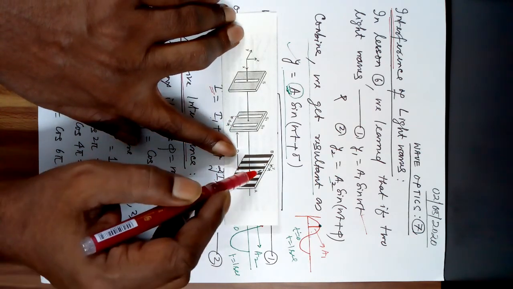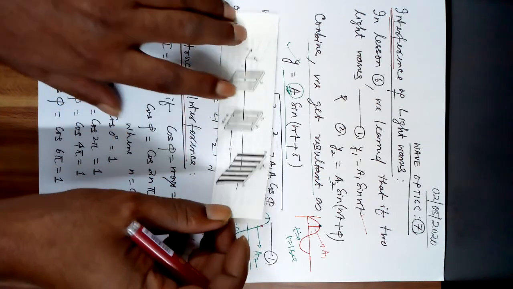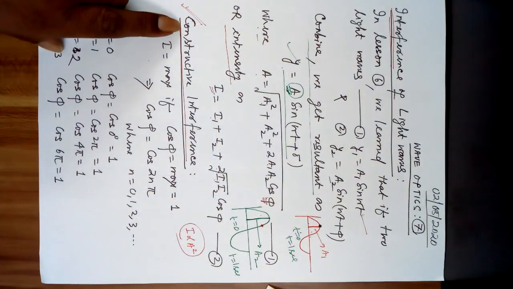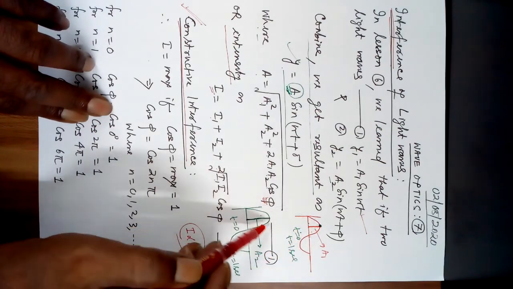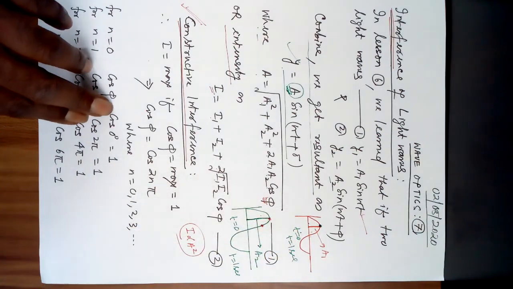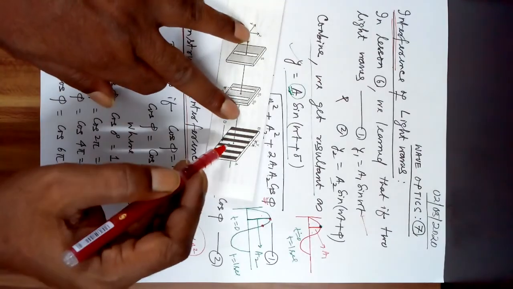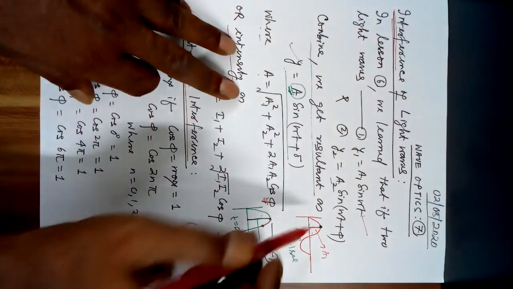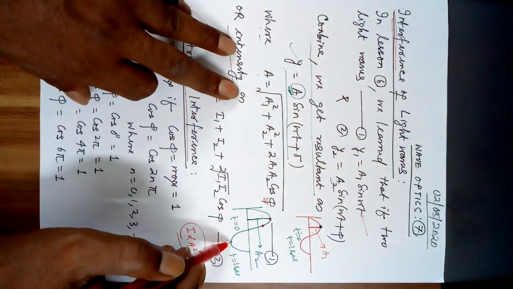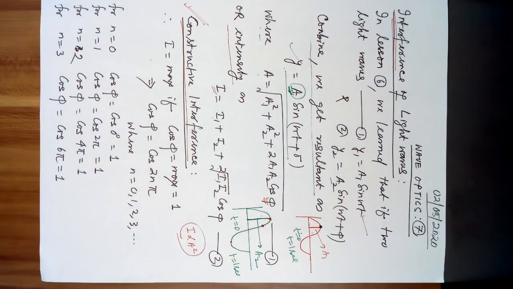The white patches are the places where constructive interference is taking place, meaning this point is combining with this, and the places where it is dark, at that place this point is combining with this point. That we will explain, right?